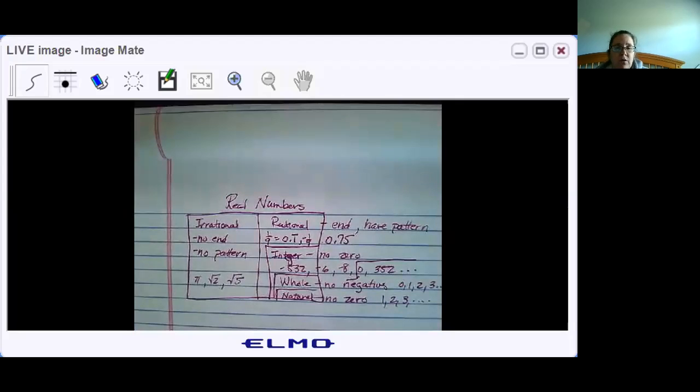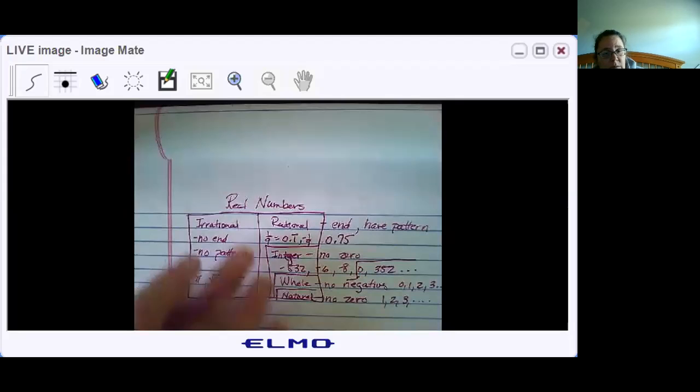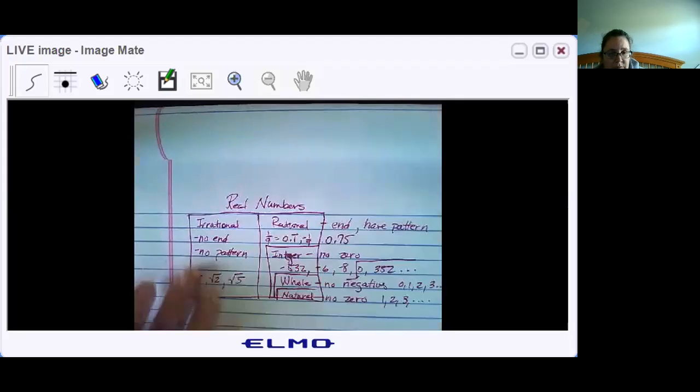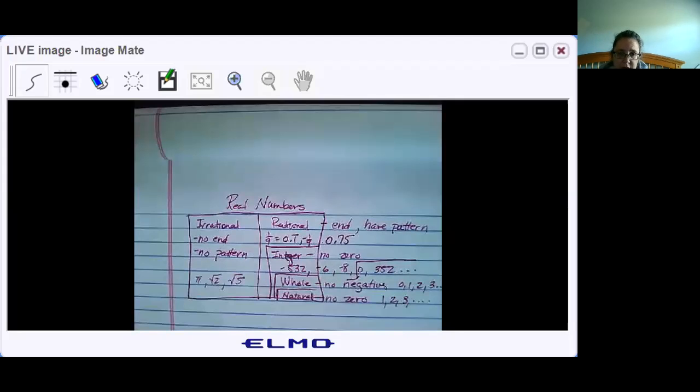So when we're looking at this, we have clues. Any number we want is a real number. If it's irrational, when you put it in a calculator to check it, there's no end in sight and there's no pattern that you can find. But if you put it in the calculator and it ends or it has a pattern, then we've got to call it a rational number. And then we look at that rational number and ask, are there any smaller boxes I can put it in?